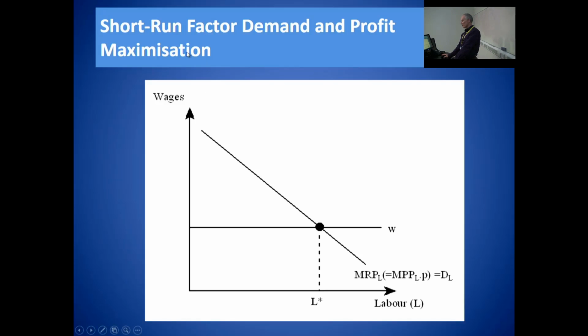Like virtually all demand curves, it will be downward sloping. Why, though, does it look like that? Well, think about what we found. We said that to maximise profits, a firm should equate wages with the marginal revenue product of labour.